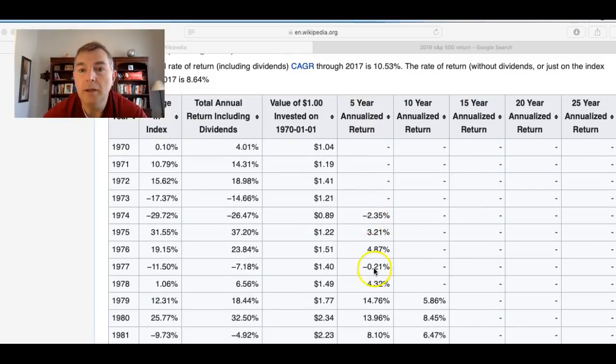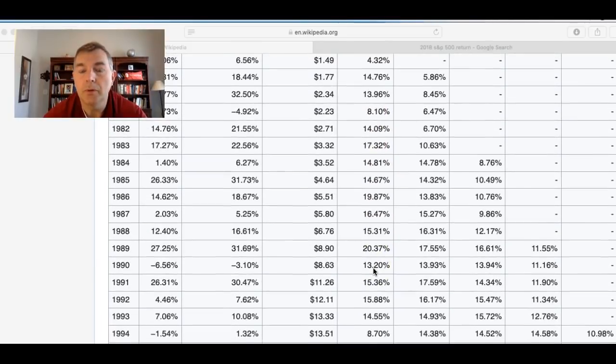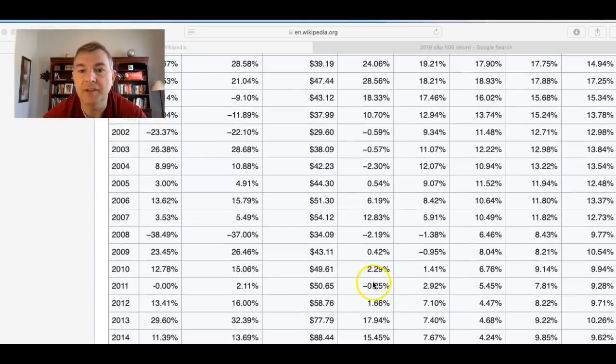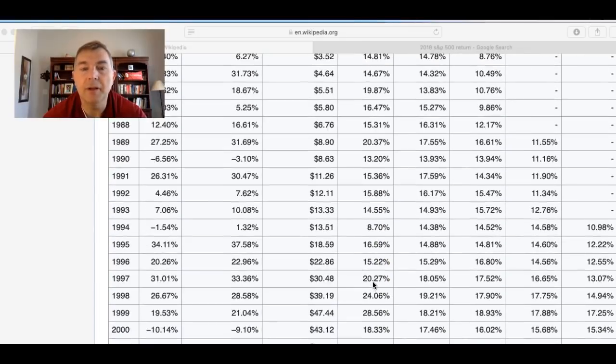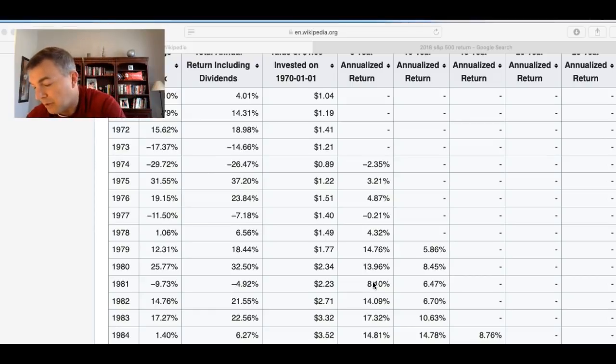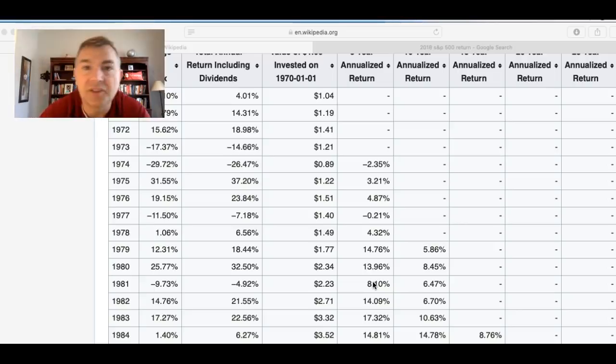We've got 1, 2, 3, 4, 5, 6, 7. 7 time frames out of 43 did we have a negative return for 5 years. So that's 7 divided by 43, that's 16%. So if you invest, going back to the history of my life, you had a positive return 84% of the time if you hold it for 5 years.